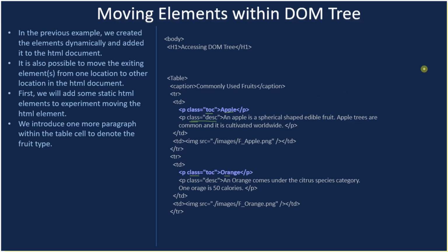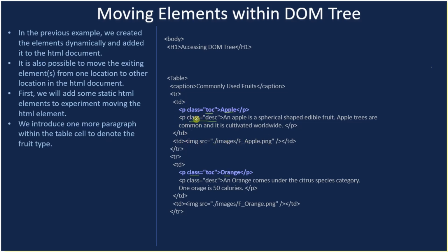Let's assume that from the web server, the document is coming like this. We have a table and there is a table row. The table row contains 2 table data cells. One is for the paragraph and another one is for the image description.